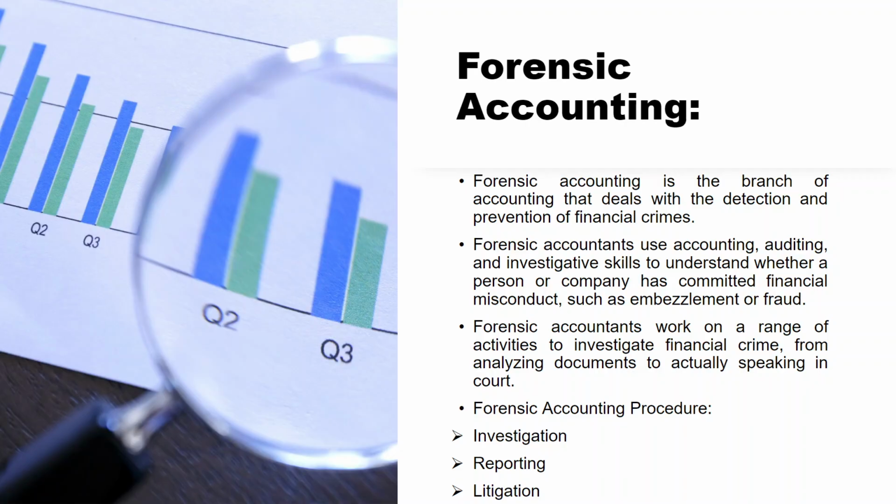Whatever proofs were gathered during the investigation, and the proper report prepared, that report is now produced in court to prove the financial crimes made in the books of accounts. Therefore, this overall system of accounting that has recently been added in the area of accounting is called forensic accounting.